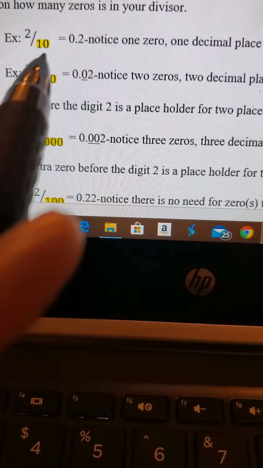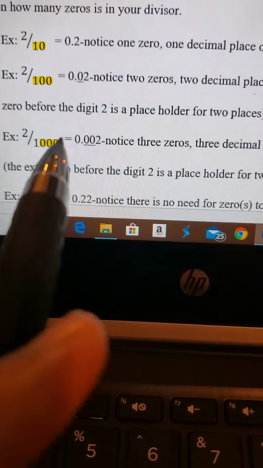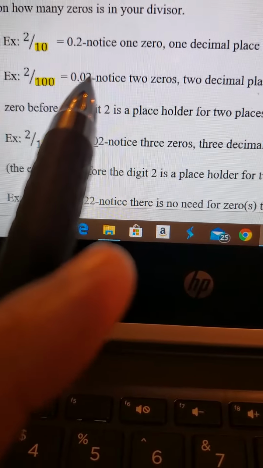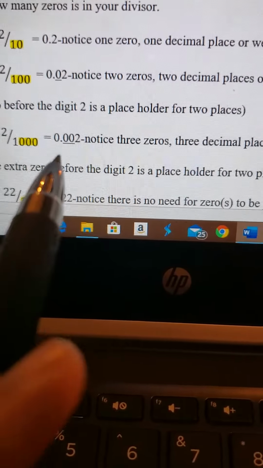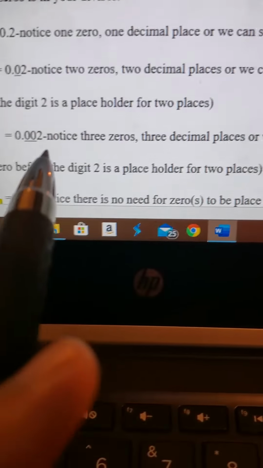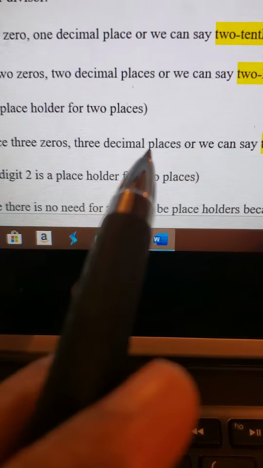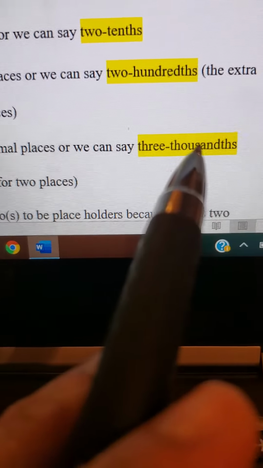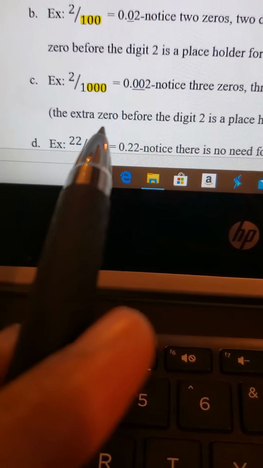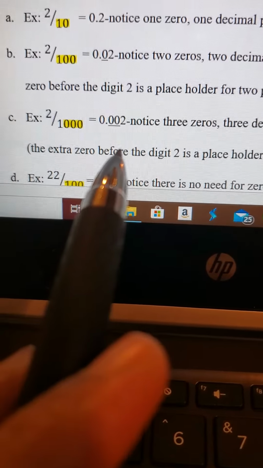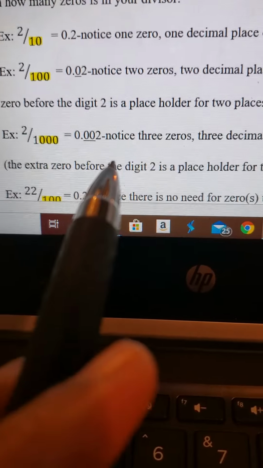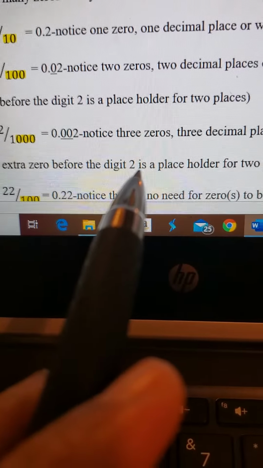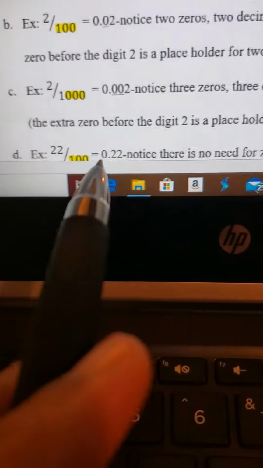These are tenths, hundredths, thousandths, and your numerator should be a gauge of where your last digit should be. So this is saying 2 thousandths, meaning the highest place value is in the thousandths, and my 2 should be in the thousandths, right? We can see there are extra zeros before the digit 2 as placeholders for the places.